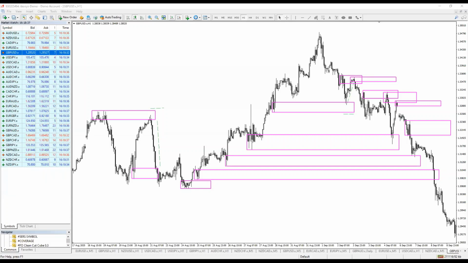Okay, so it's more about pricing technologies. Forex is a distributed market.